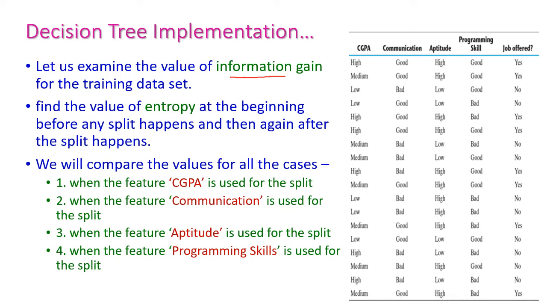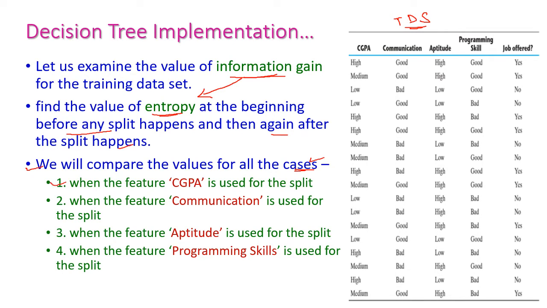And now let us try to compute the information gain for our given training data set. For computing the information gain, we need to calculate the entropy, and the difference between before split and after split is our information gain. Here we need to compare the value of all cases.